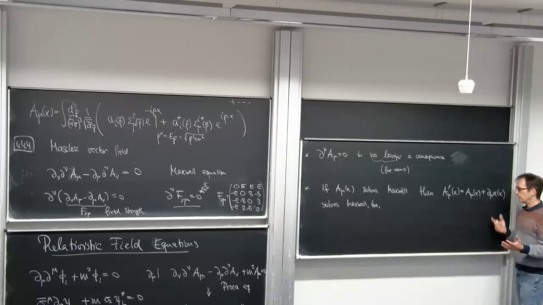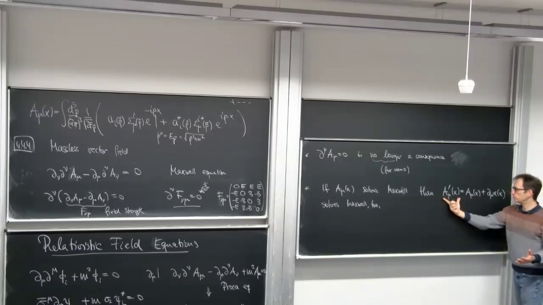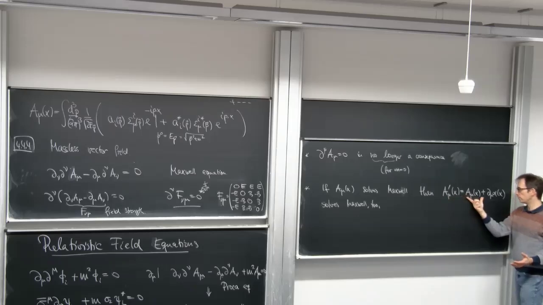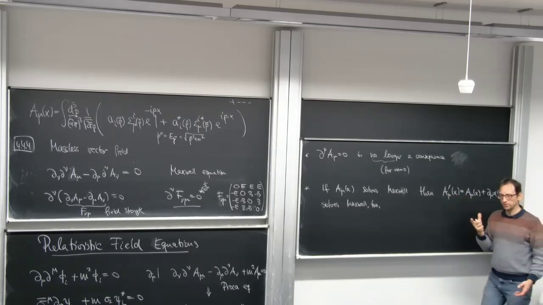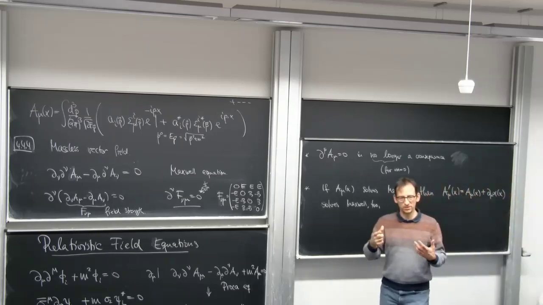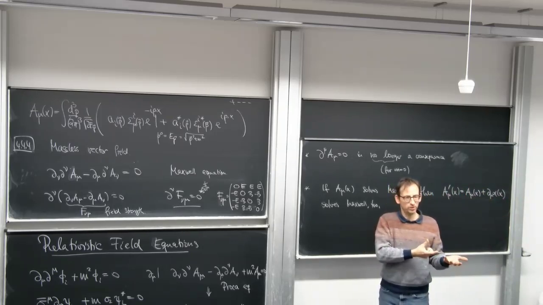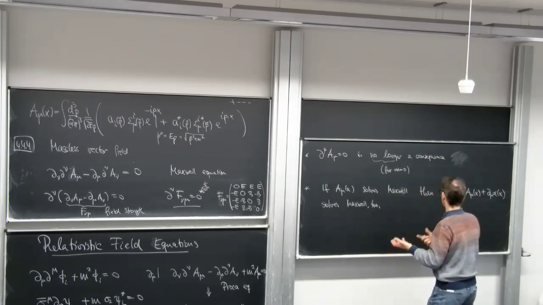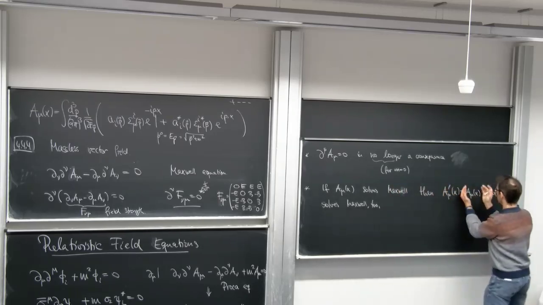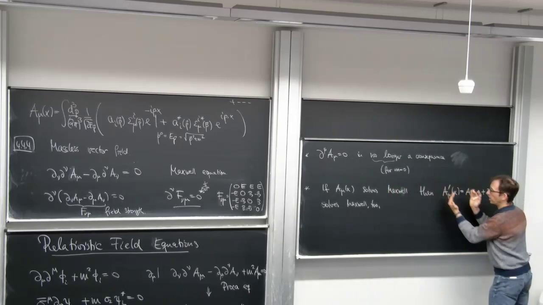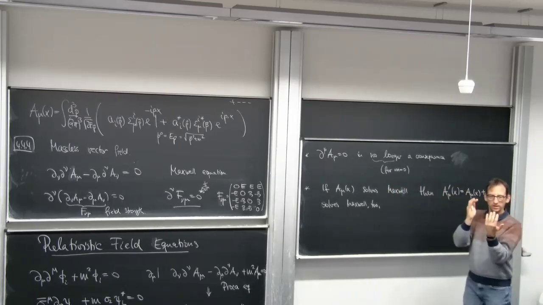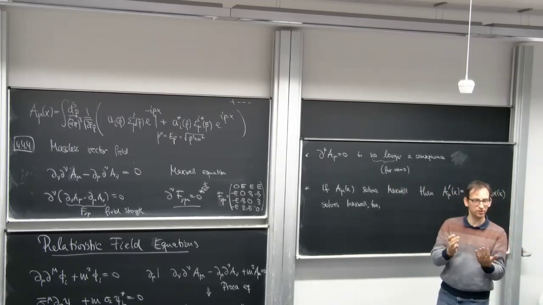We say the new solution that you get out of this first solution, by adding, we do not want to consider as really a new solution. We want to identify the two. We want to say that this A and that A prime are equivalent. They are to be identified.